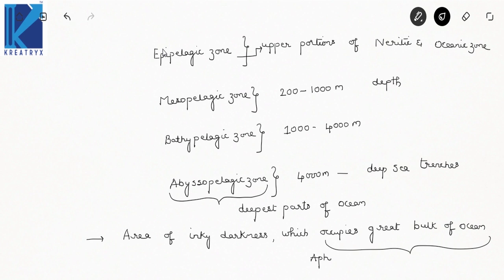Aphotic zone means where the light cannot penetrate, as the term itself says.